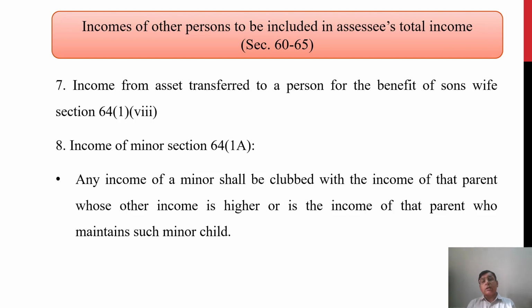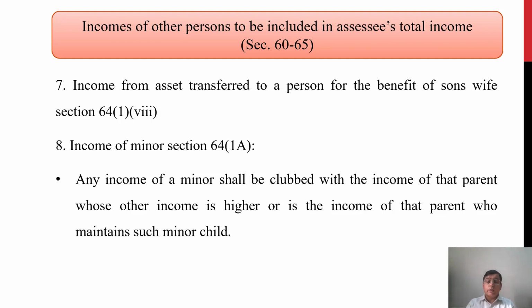Means the income earned by the minor child will be included into the income of the one who is bearing the expenses of the minor child, or if no one is bearing the expenses, then the income of the minor child will be included into the income of the parent whose income is higher.